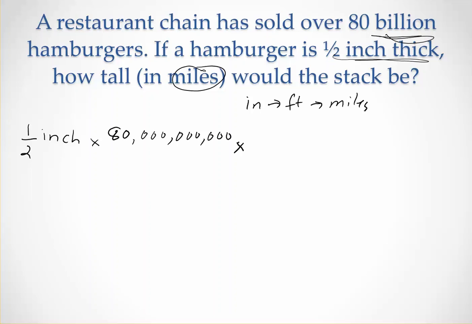So we know that we want to get rid of inches. It's in the numerator, so we know that our conversion factor will be 1 foot per 12 inches. Then we can cancel those.